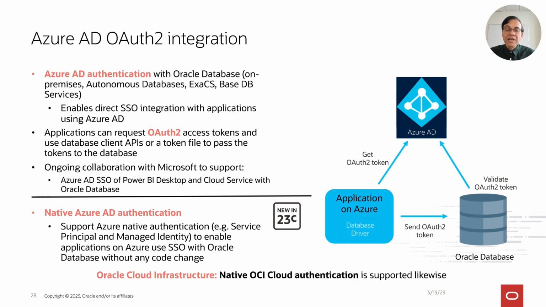So if you have an application running on Azure, it can get the OAuth2 token and pass it to Oracle database, and the database can validate and map it to the database user and role. We are currently collaborating with Microsoft to support Azure AD SSO of Power BI desktop and cloud service with Oracle database, and that should be coming later this year.